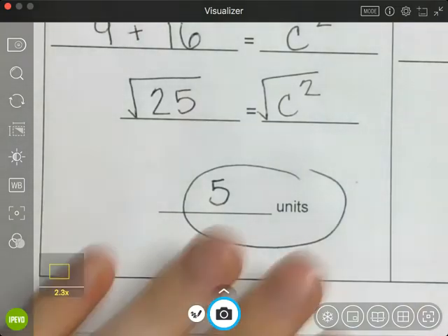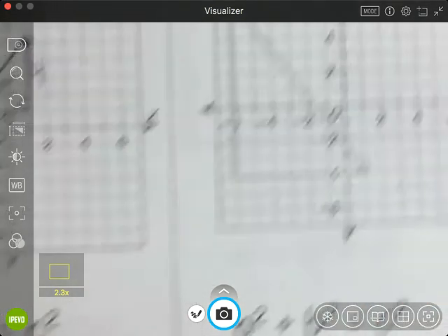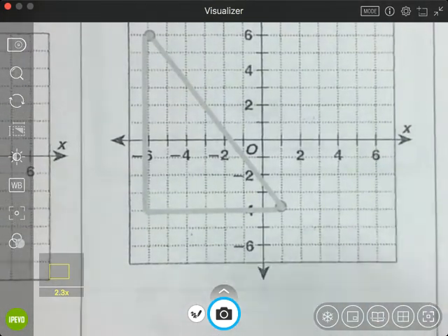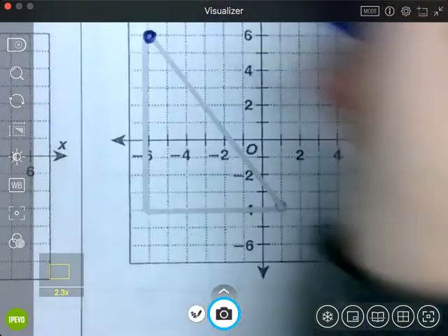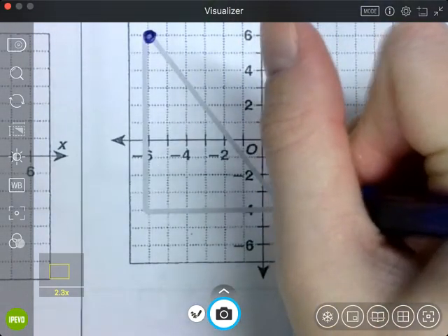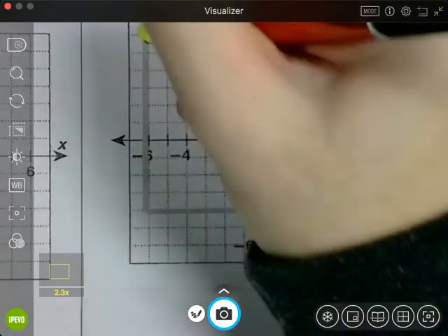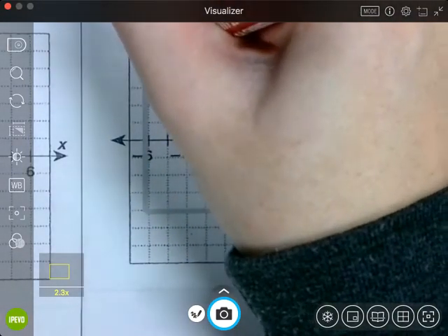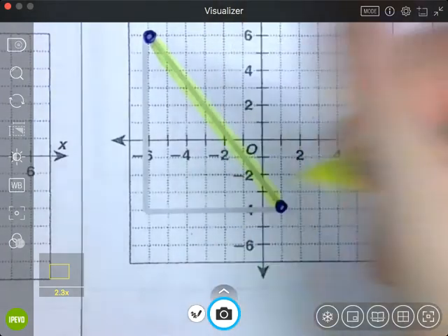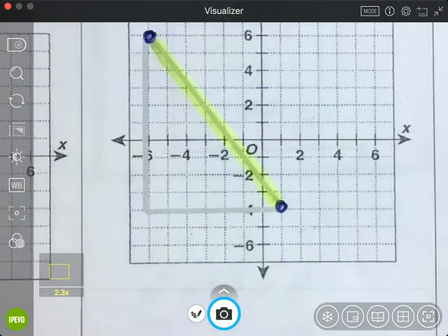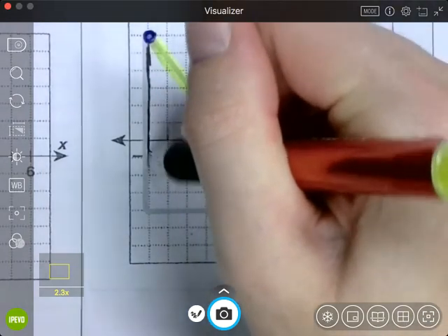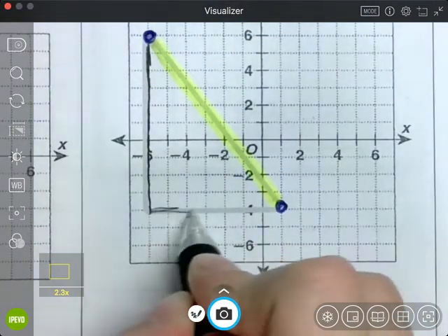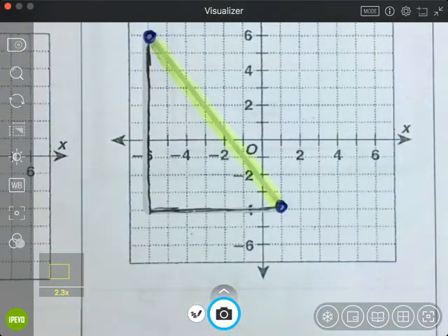Okay, so now we're going to look at the second one on that page. So I'm going from this dot down to here. Okay, from that dot down to this dot. I can't do that easily, so I need to go down and around to figure out my distance.